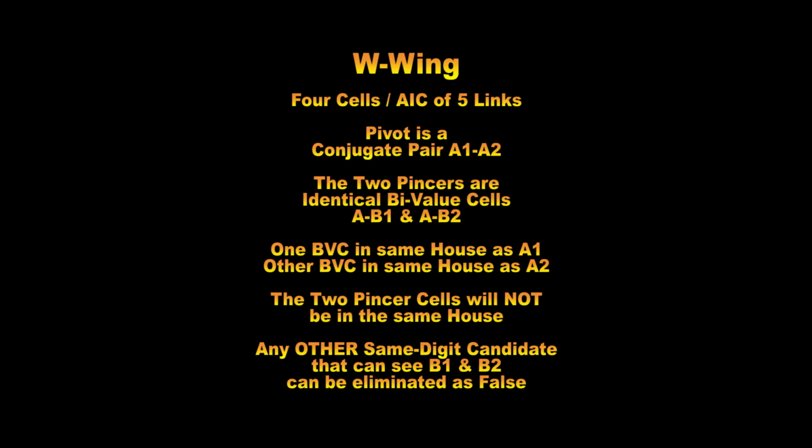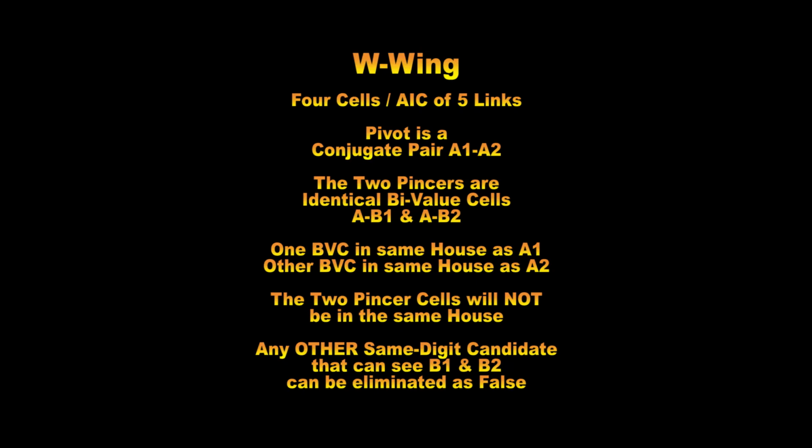The two pincer cells will not be in the same house. One of the two candidate Bs must be true. Therefore, any other same-digit candidate that can see both candidate Bs, i.e. B1 and B2, can be eliminated as false.